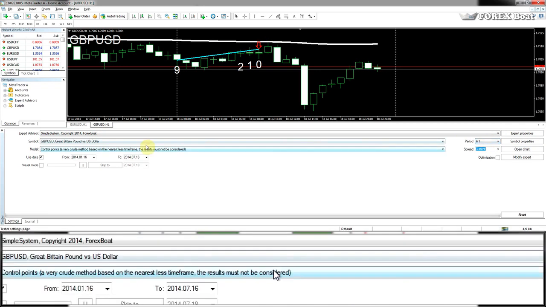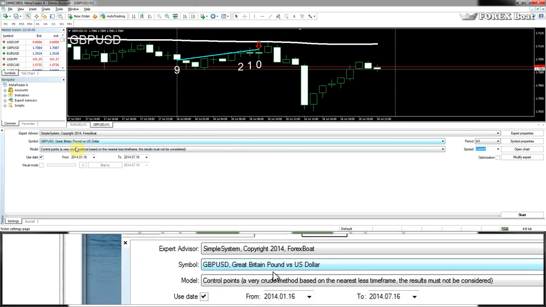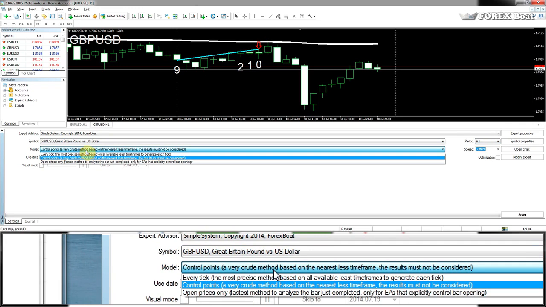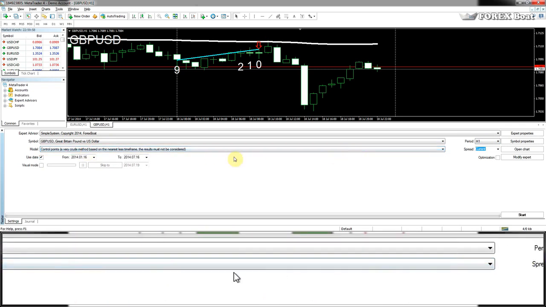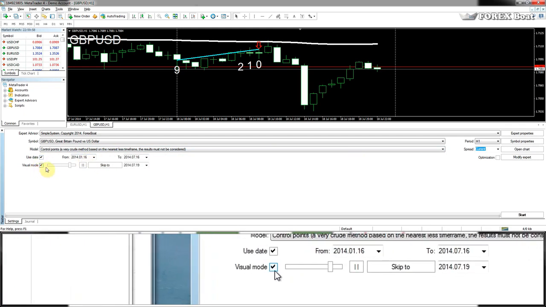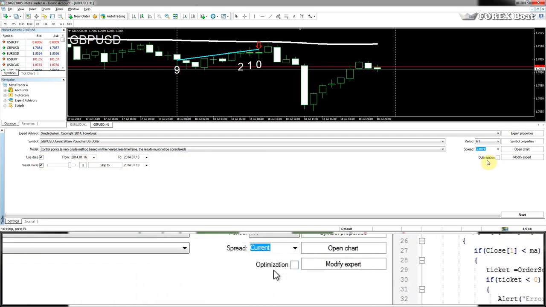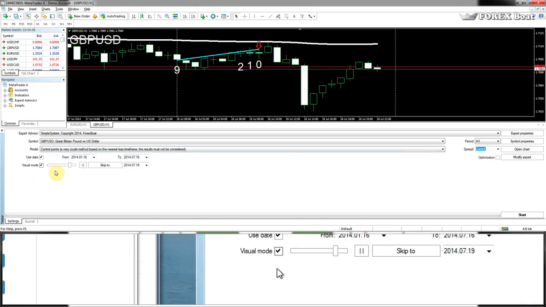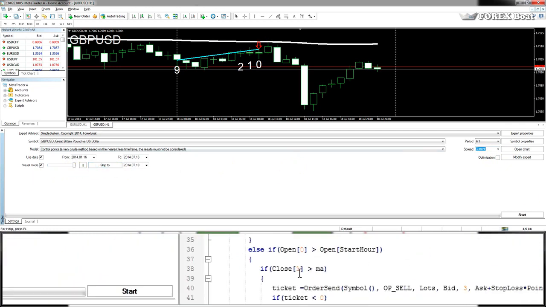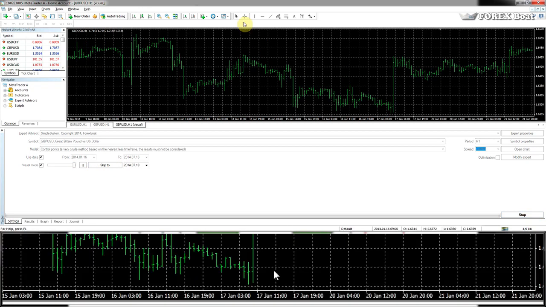It's period H1, it's British pound dollar, control points we're going to change. Actually we'll keep control points. It's just going to be a bit faster. Date doesn't matter. Make sure you click visual mode, and spread can be current, and then we'll set the speed to 31, and we just go ahead and click start.